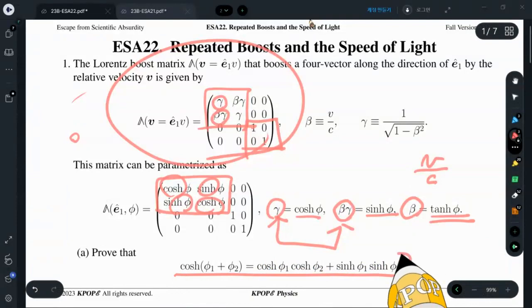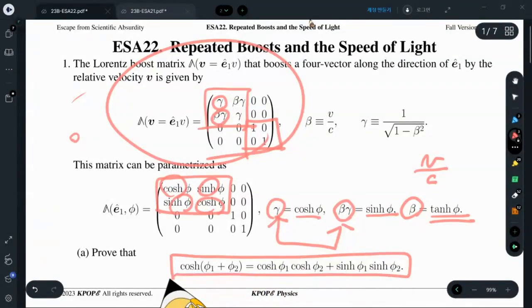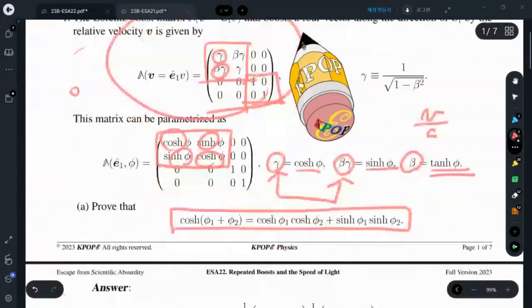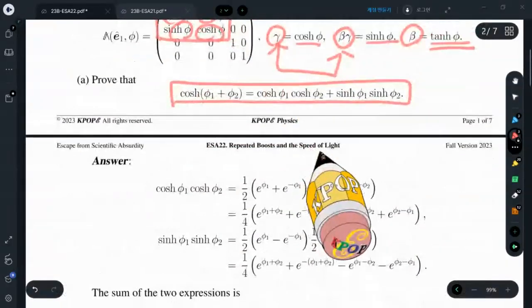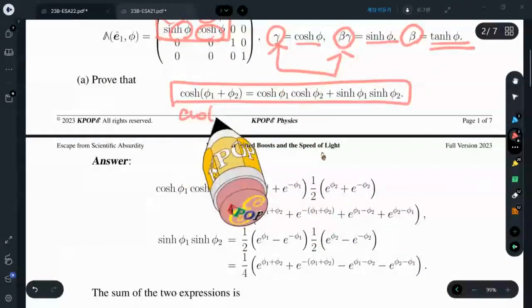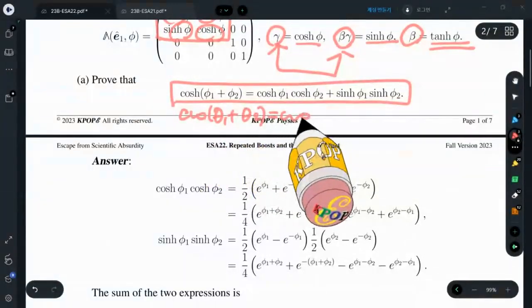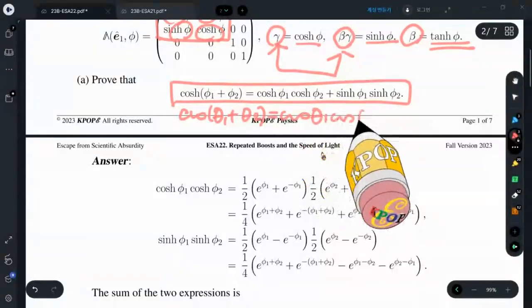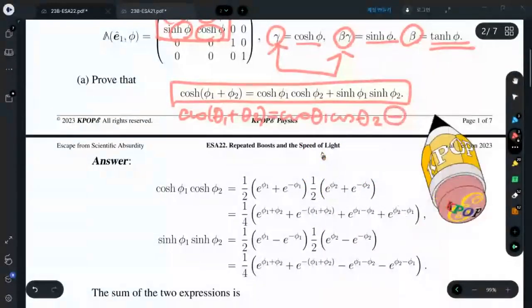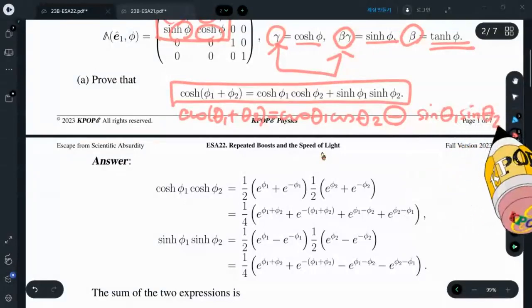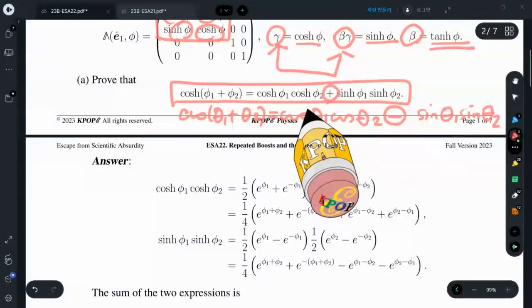Let us first prove the addition formula extended to the hyperbolic function. In the usual trigonometric function, you have cosine cosine minus sine sine. However, here we have a positive sign.